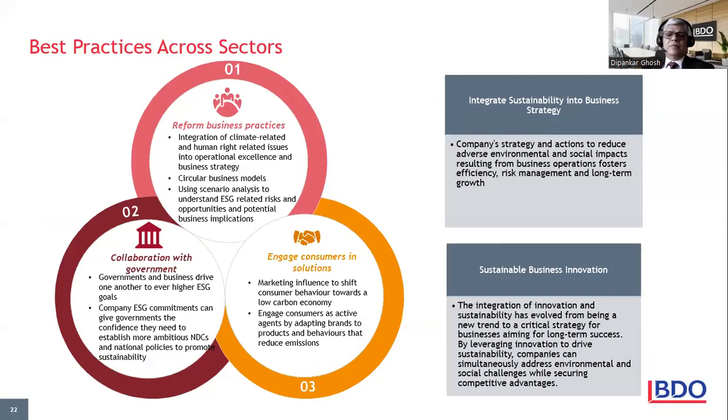So some of the best practices we are seeing today, again, without limiting to any particular geography or any particular type of industry sector: reform the business practices to embrace sustainability and ESG, embrace a circular business model, use scenario analysis to understand ESG related risks and opportunities, and leverage on that.